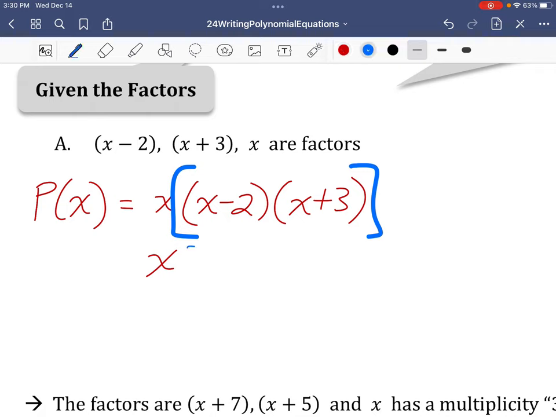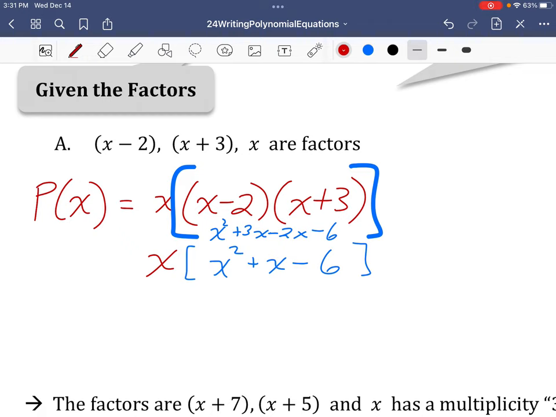Now, as you can see, I'm suggesting that we first multiply the binomials. That is, we do a little FOIL method, right? If you do a little FOIL method, you're going to get x squared, 3x, minus 2x, and minus 6. So we multiply that all out, and we get x squared plus x minus 6.